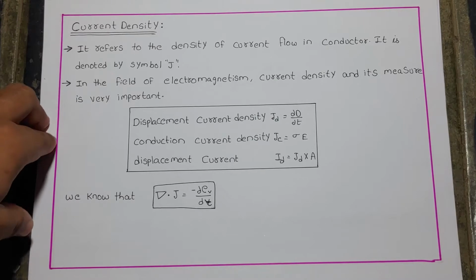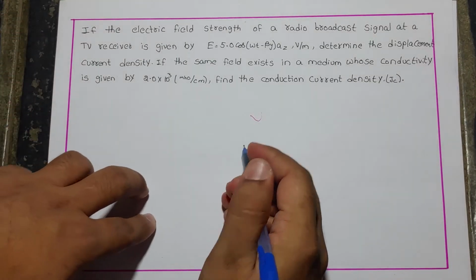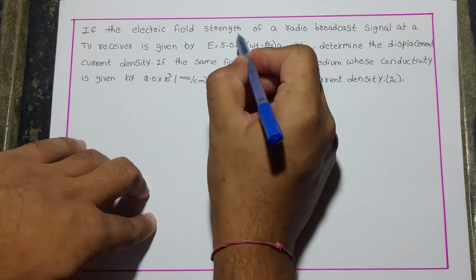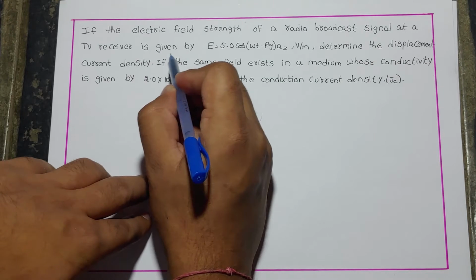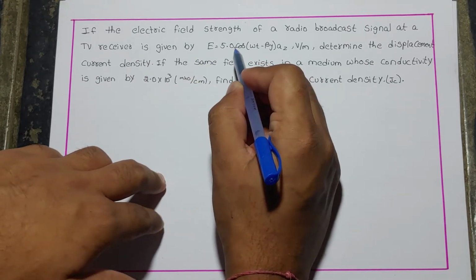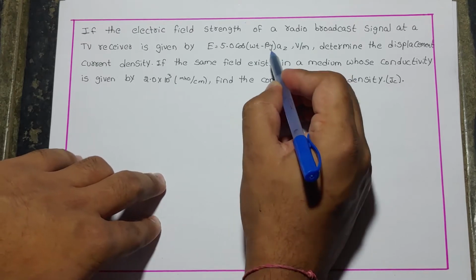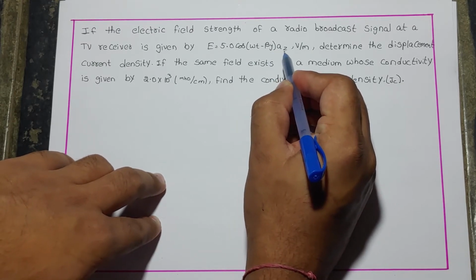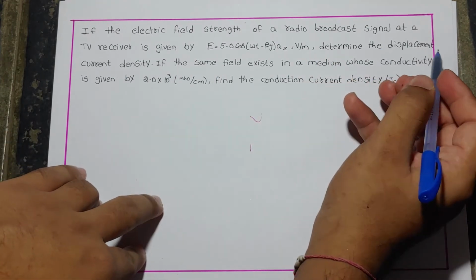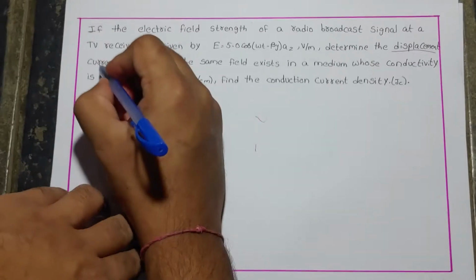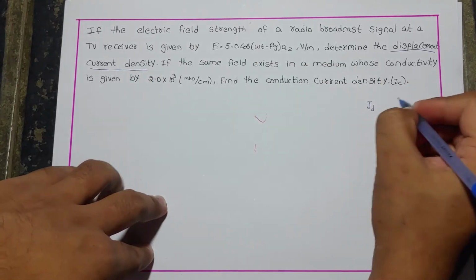Now let us solve some examples based on this. Here is an example. If the electric field strength of a radio broadcast signal at a TV receiver is given by E is equal to 5.0 times cos of omega t minus beta y in AZ component, in volt per meter, determine the displacement current density, that is JD.